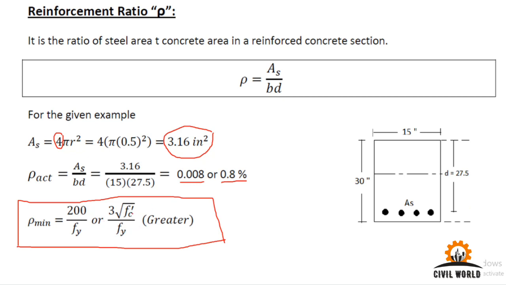Whichever is greater, that is the minimum value for the reinforcement ratio. This is as per ACI code section 10, to be precise, section 10.5. So this is the minimum reinforcement ratio which you have to use in case of a reinforced concrete beam design.